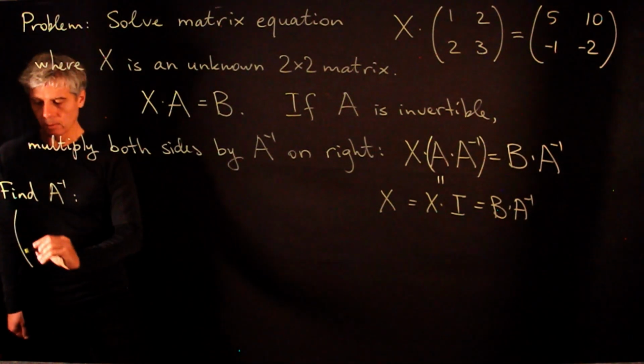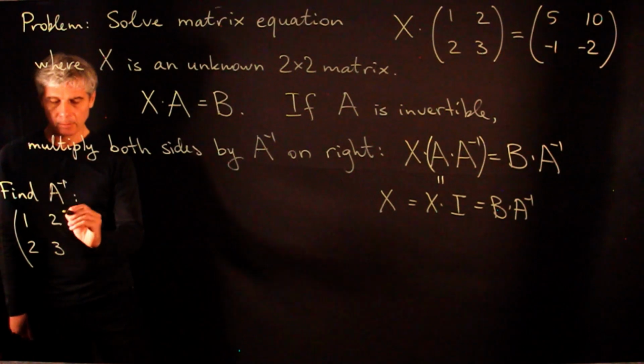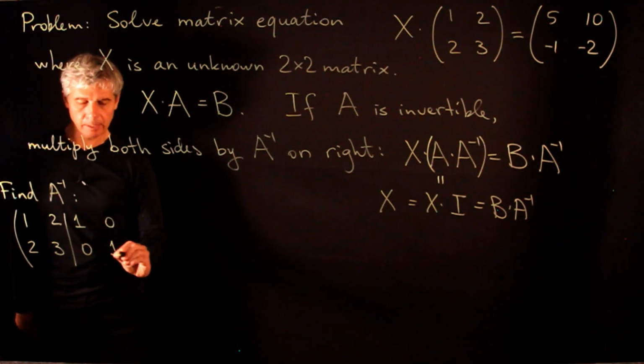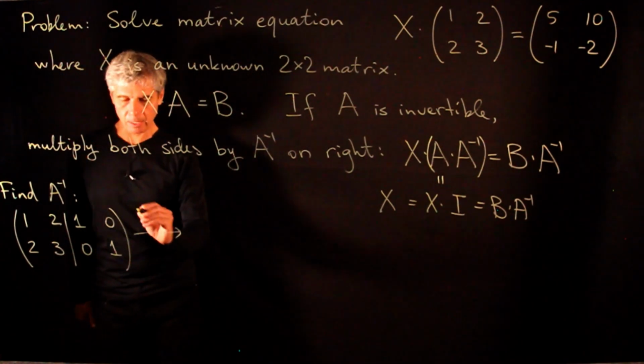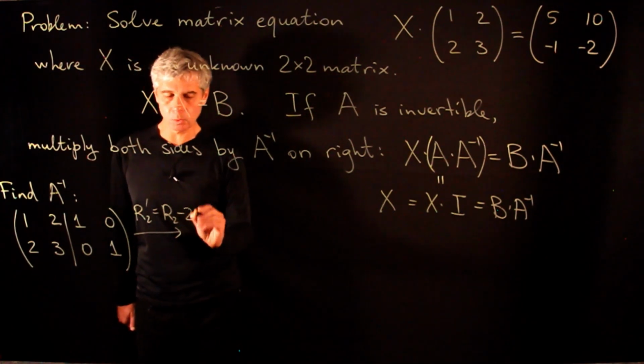We take the matrix 1, 2, 2, 3 and write the identity matrix next to it. And then we do row reduction. Row 2 new is row 2 minus 2 times row 1.